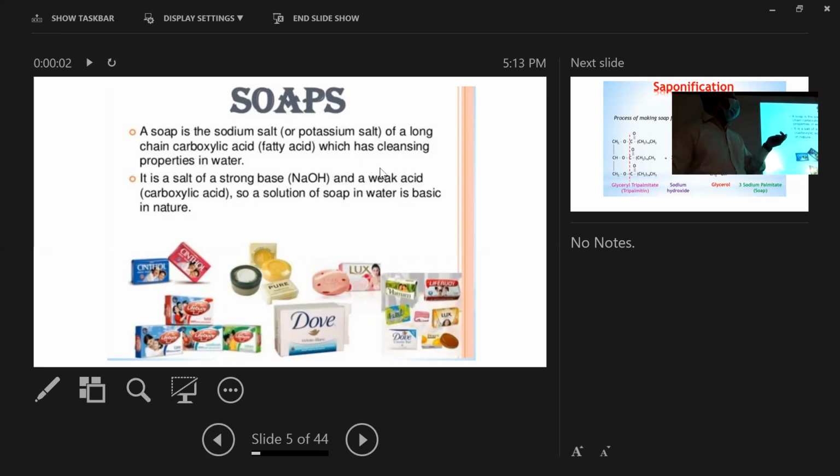That means either the sodium salt or potassium salt of a long chain carboxylic acid, a fatty acid, which has cleansing properties in water and can remove dirt from clothes or any other substances. It is a salt of a strong base and a weak acid, carboxylic acid.